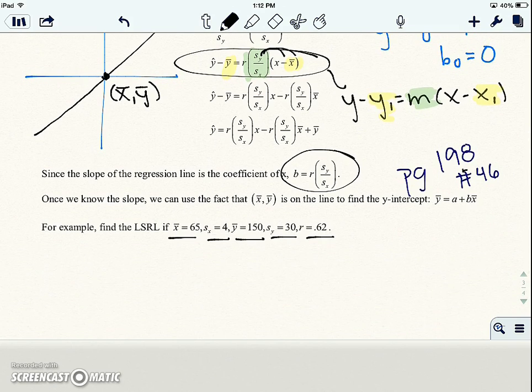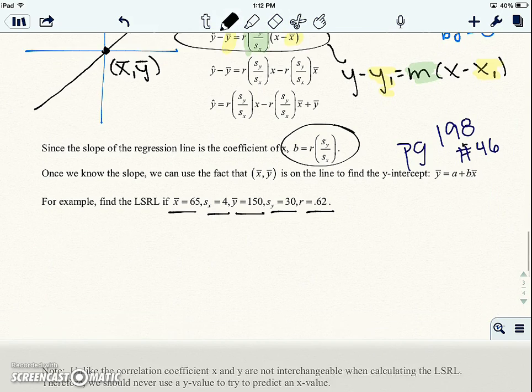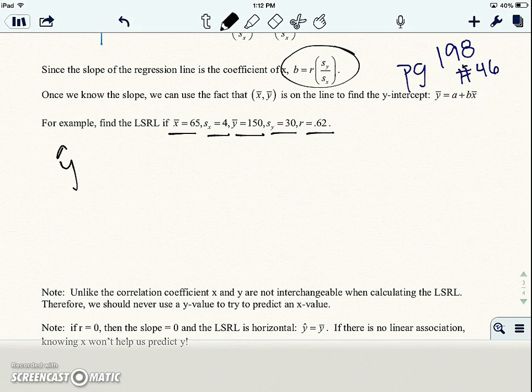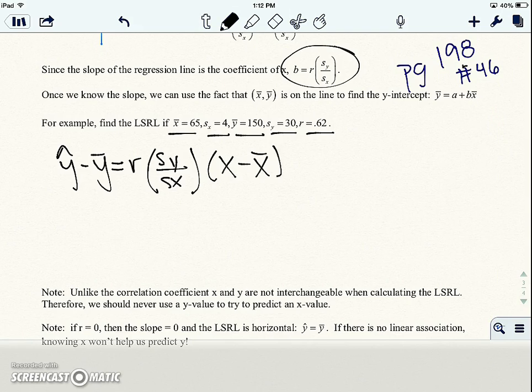So what we have is y hat minus y bar equals the slope, which is r times s of y over s of x, times x minus x bar. So this is actually just a plug and chug activity. This was a kind of scary looking derivation, but we're using it just to plug and chug.